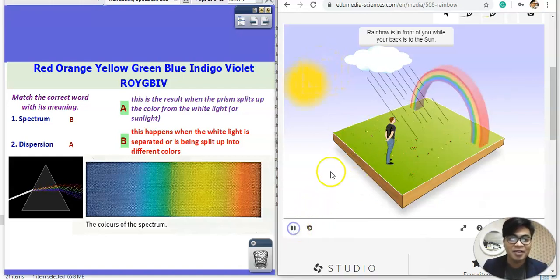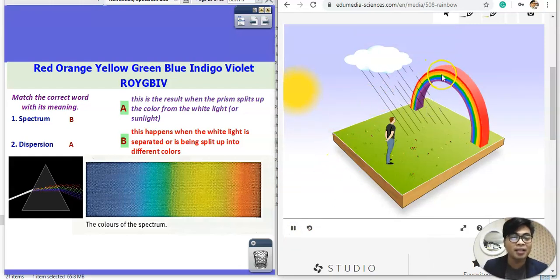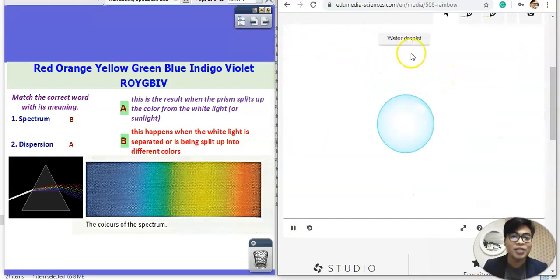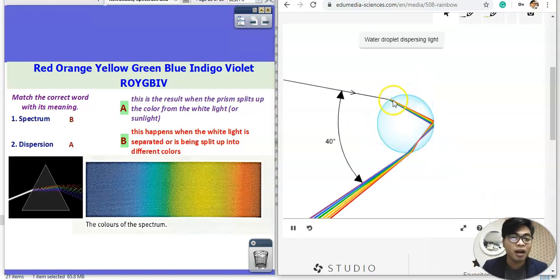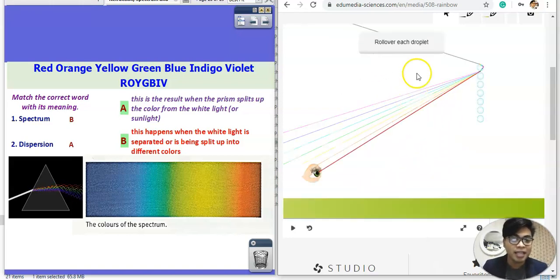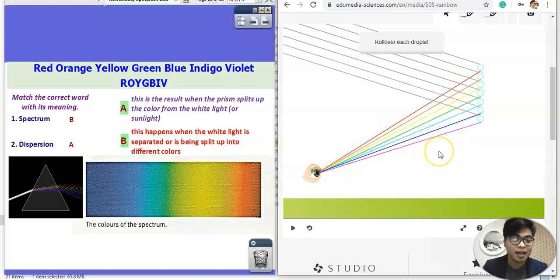We have there the rainbow in front of you, while at the back is your sun. Each raindrop contains a water droplet, and let's pretend that it is a prism because it acts as a prism. This triangular object here will be refracting the light, and every time it bends the light, it produces this spectrum of light.